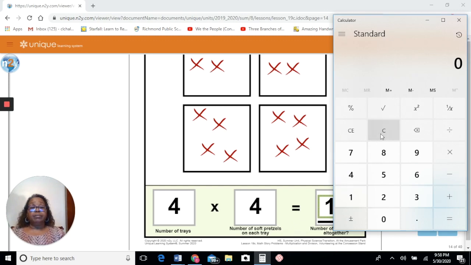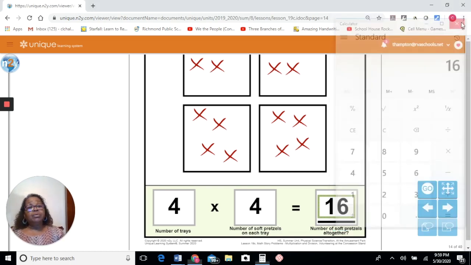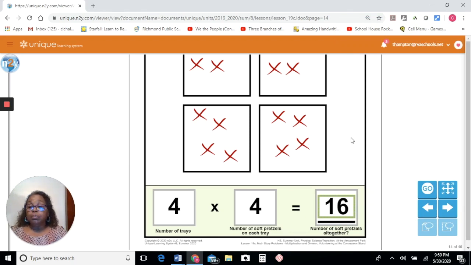Clear the calculator. 4 times 4. Hit the equal sign. Correct. We get 16. All right. So we're able to see that if we use multiplication as a shortcut to repeat addition, we will get the same and correct answer. Let's do one more.